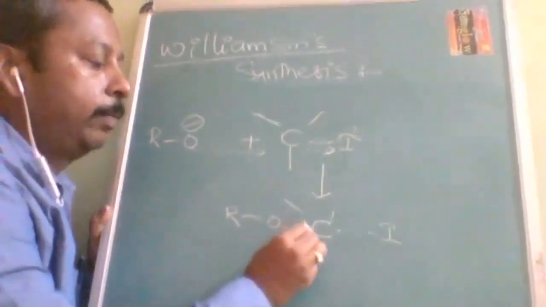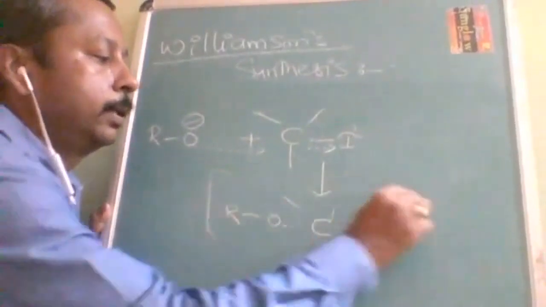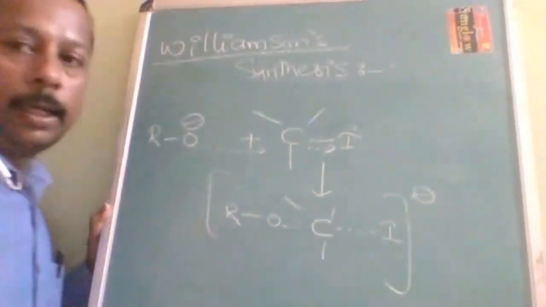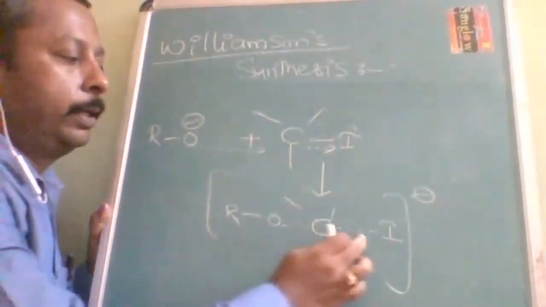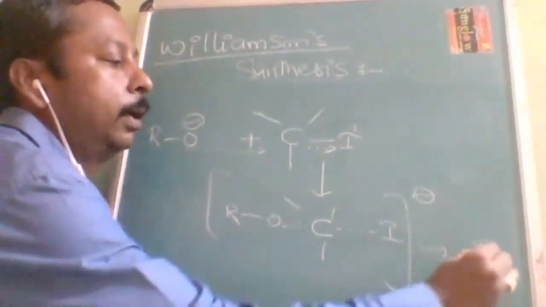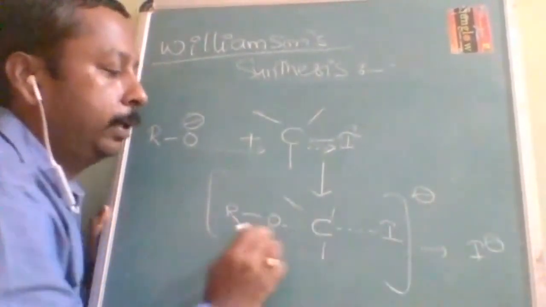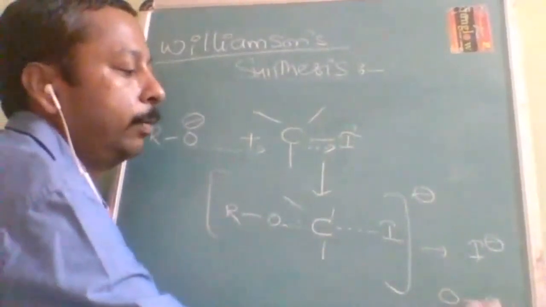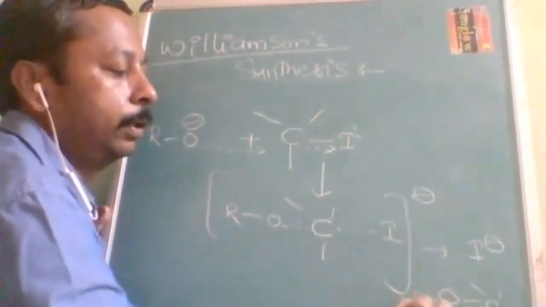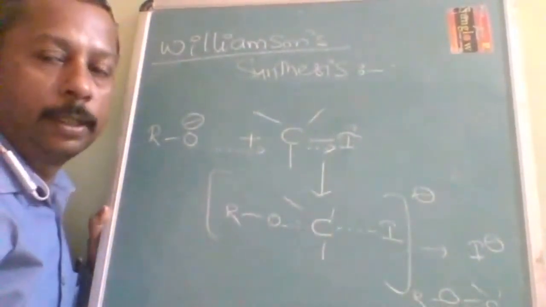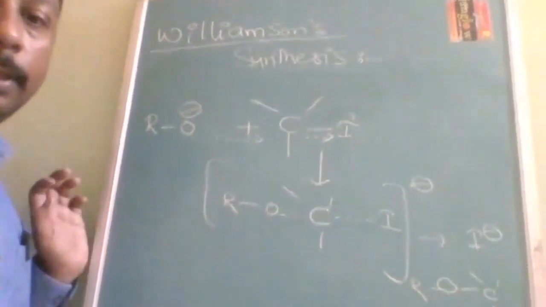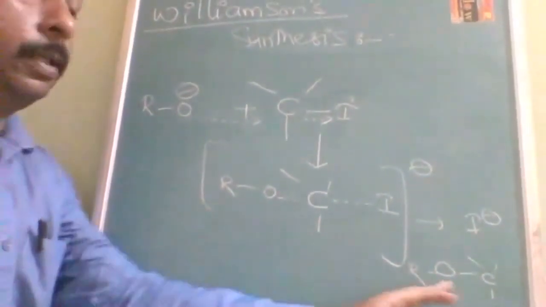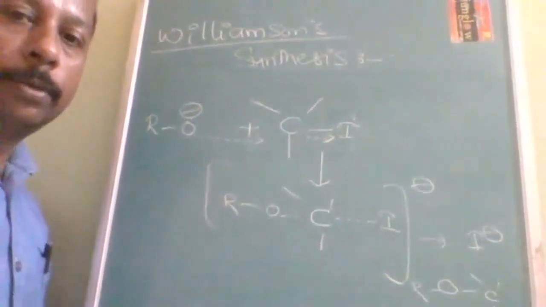This is called a transition state. After a certain time, this bond will be completely eliminated, iodine will be completely eliminated, and this formation will be there. Is it understood? Ether is formed. This is the ether. Any doubt about this?